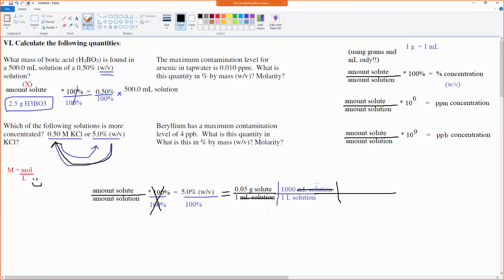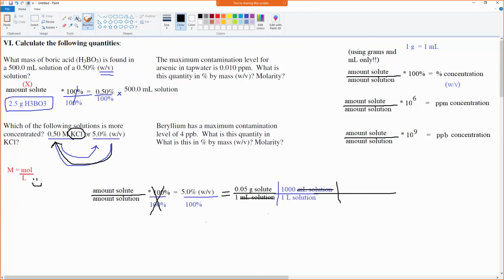But now we have to actually go back and say, if I want to go from grams to moles, I need the molar mass. And to find the molar mass, I have to know what I'm even talking about. All right, back to the problem. Oh, it's KCl. I didn't need it, so I didn't remember it. If you look up on the periodic table, chlorine has a mass of 35.45 approximately, and potassium has a mass of about 39.1, I believe.